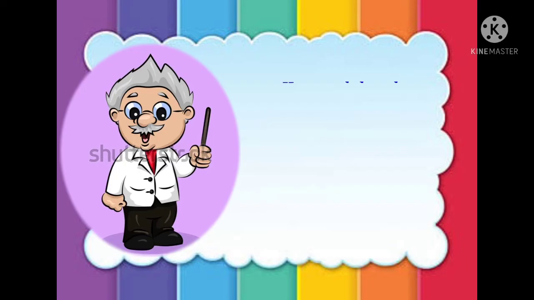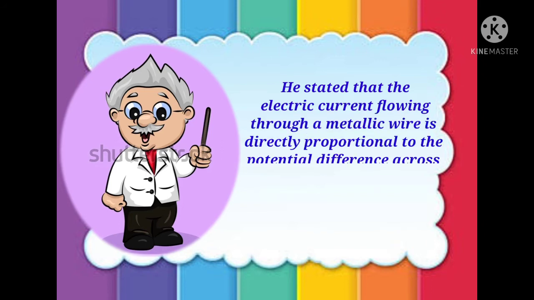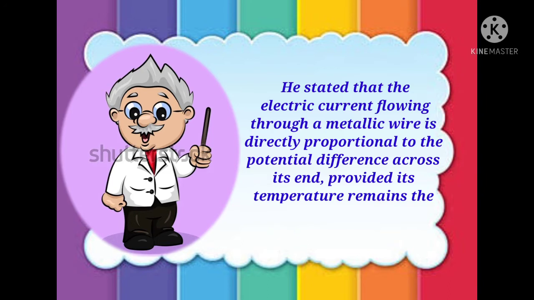He stated that the electric current flowing through a metallic wire is directly proportional to the potential difference across its ends, provided its temperature remains the same.